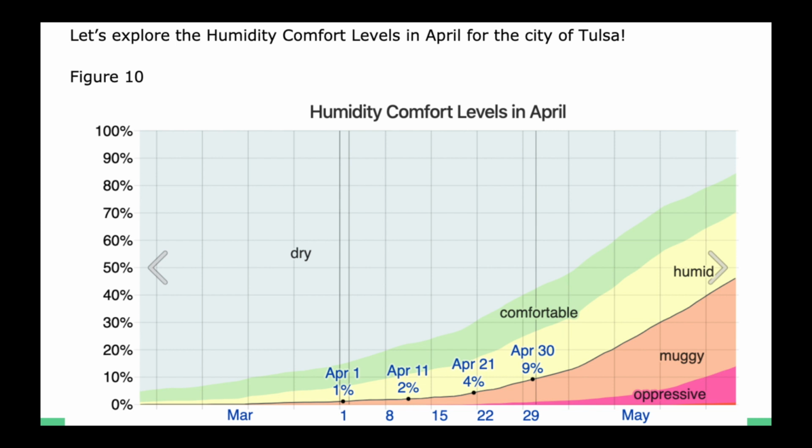The graph is color-coded to show us different levels of humidity and how it feels. For example, the light gray or light blue indicates dry. Green is a comfortable amount of humidity. Yellow indicates humid. Orange is muggy, while red is oppressive or extremely humid.